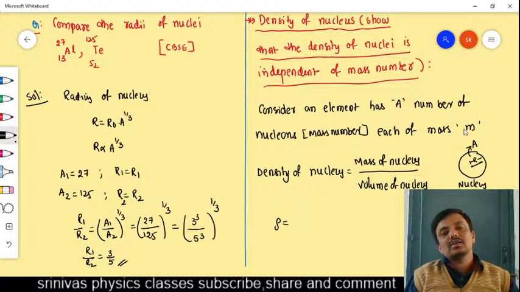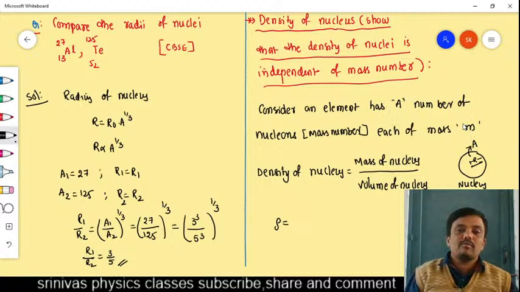In the nucleus, protons and neutrons, that is nucleons, are there. One nucleon mass is small m. In the nucleus, A nucleons are there, and the mass of the nucleus is nothing but the mass of nucleons. One nucleon mass is m, A nucleons are there, so we will get A m.